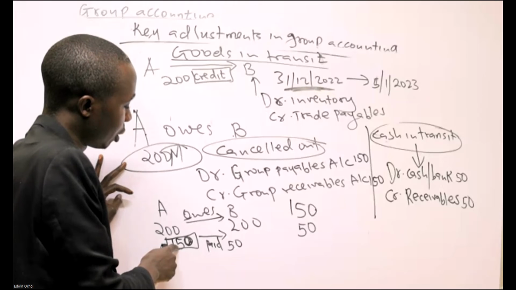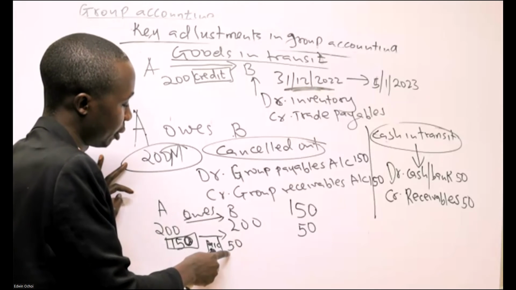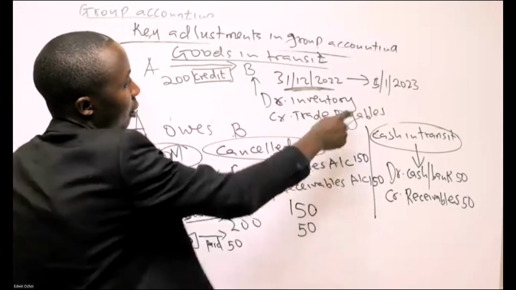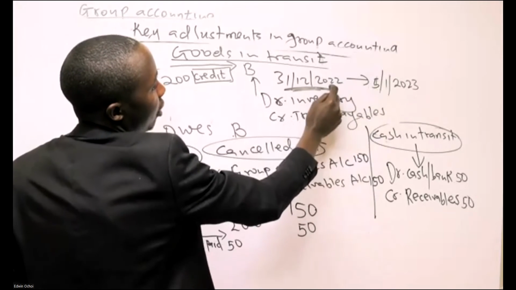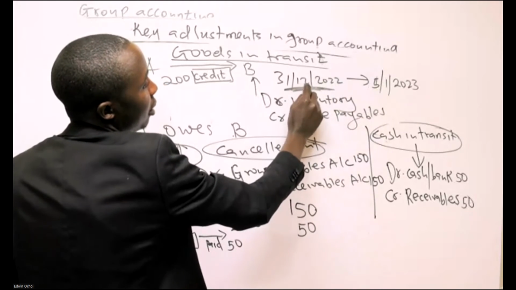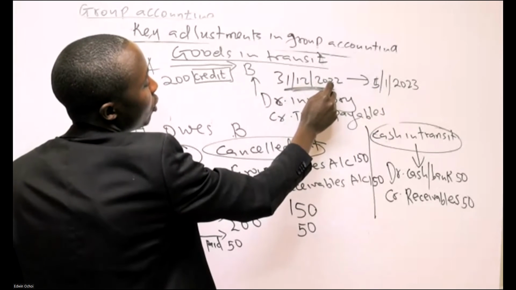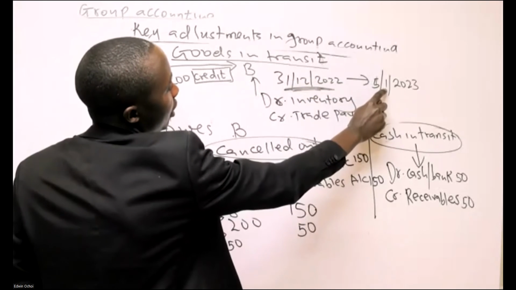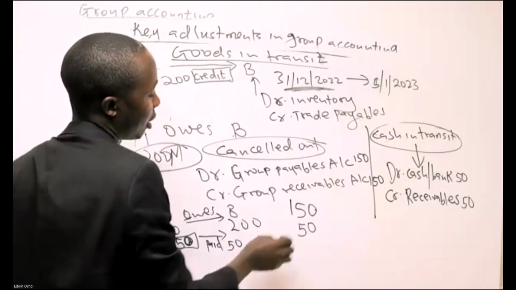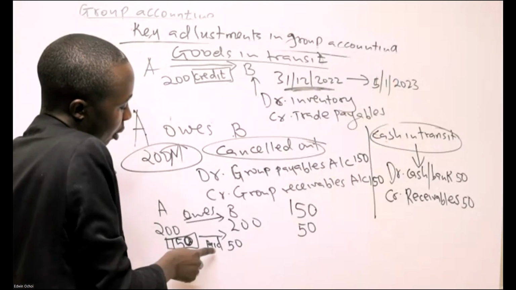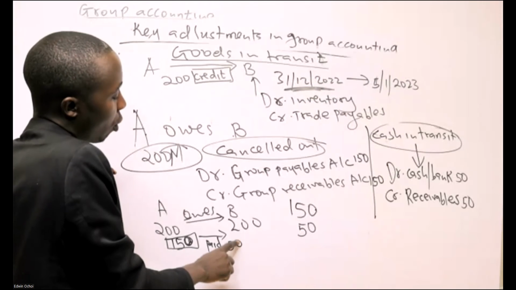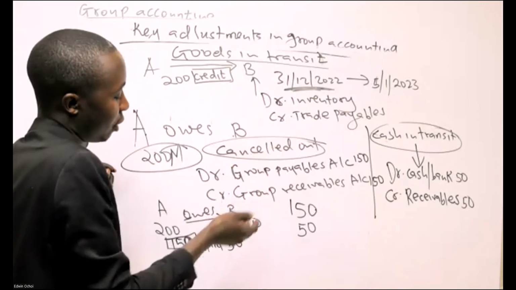You will be told that he had paid 50, but this amount was received, let's say, instead of being received December 2022, when our financial year was ending, they were received on 5th January, so some few days after the end of the year. Meaning that this amount which was paid of 50 was in transit by the end of the year.